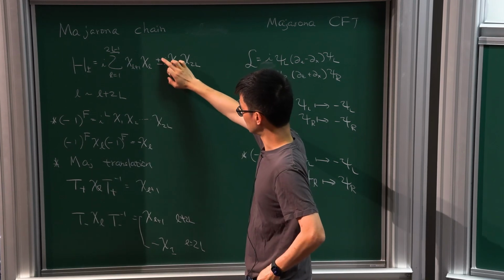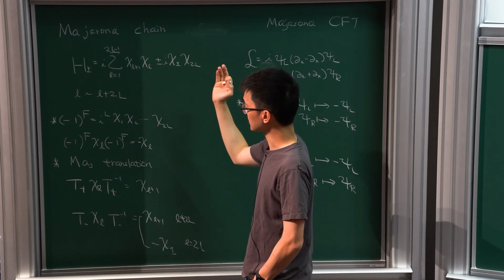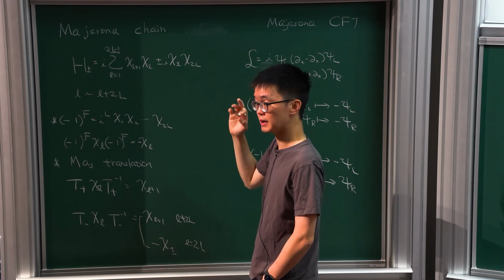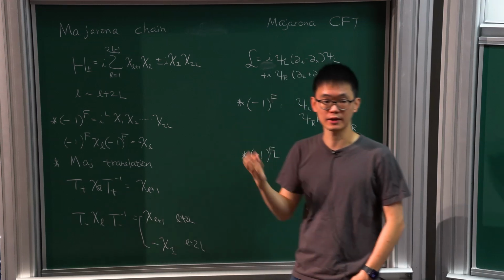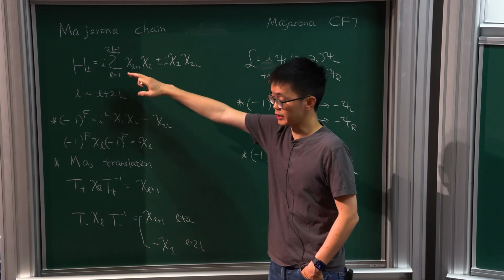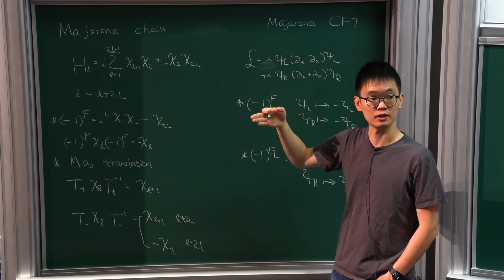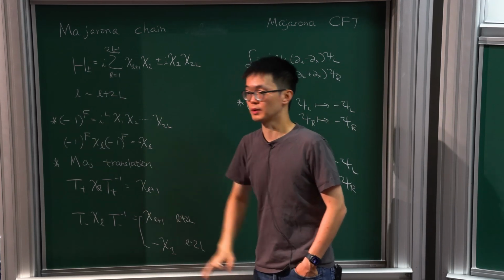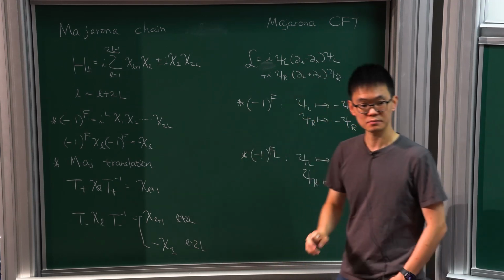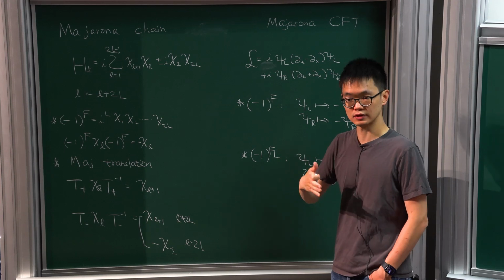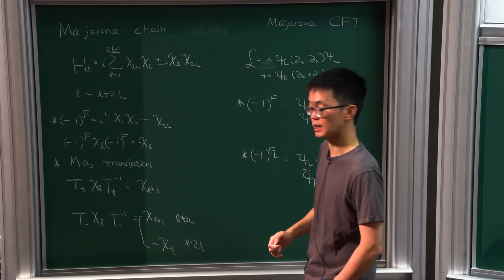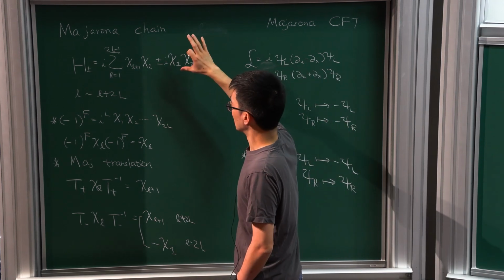When you choose the plus sign, that corresponds to fermions with a periodic boundary condition. When you choose the minus sign, that corresponds to fermions with an anti-periodic boundary condition. You can think of the relation between H plus and H minus as inserting a defect corresponding to (-1)^F at the link between 2L and 1. But that's just a fancy way of describing choosing different boundary conditions in Hamiltonian lattice models.